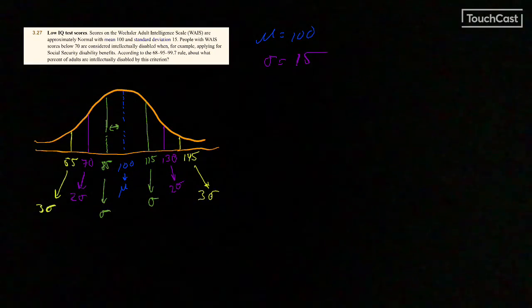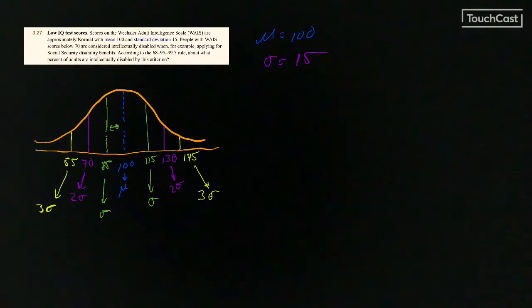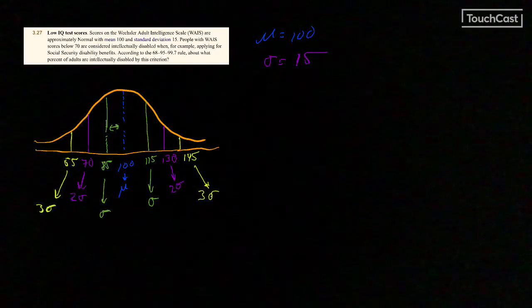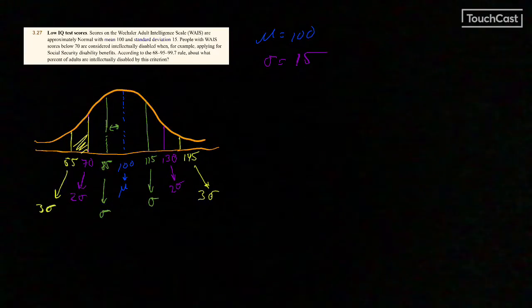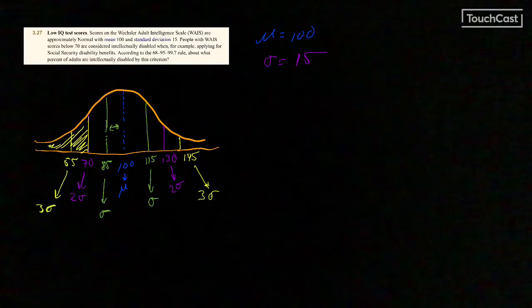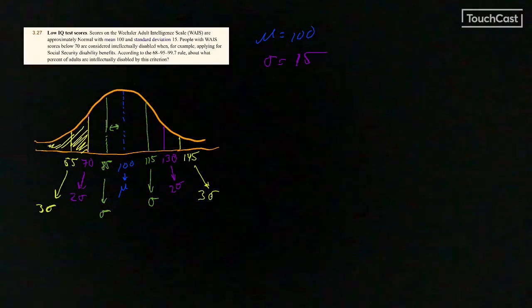So the question, we can reread the question: what percent of adults are disabled? So we were given that a score below 70 is considered disabled. So if I'm looking at this chart, this area from 70 downward, this is what I'm looking for, this percentage here.